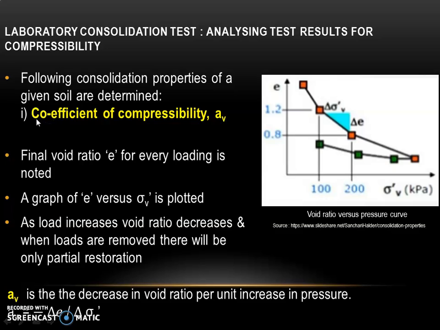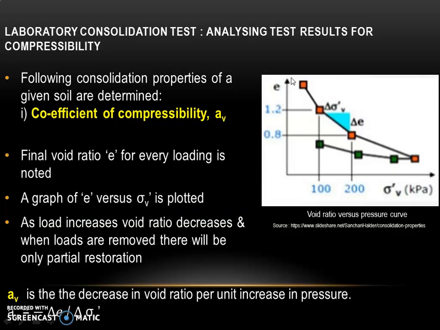Now we will find out how to get the value of the first term, that is coefficient of compressibility, denoted by av. Final void ratio e for every loading is noted down during the test. Then a graph of e versus σv', which is vertical effective stress, is plotted.